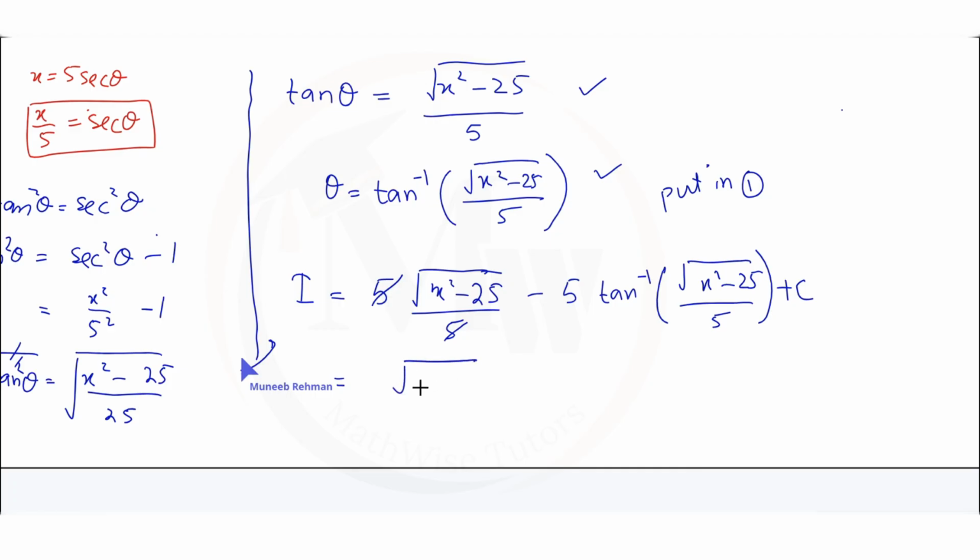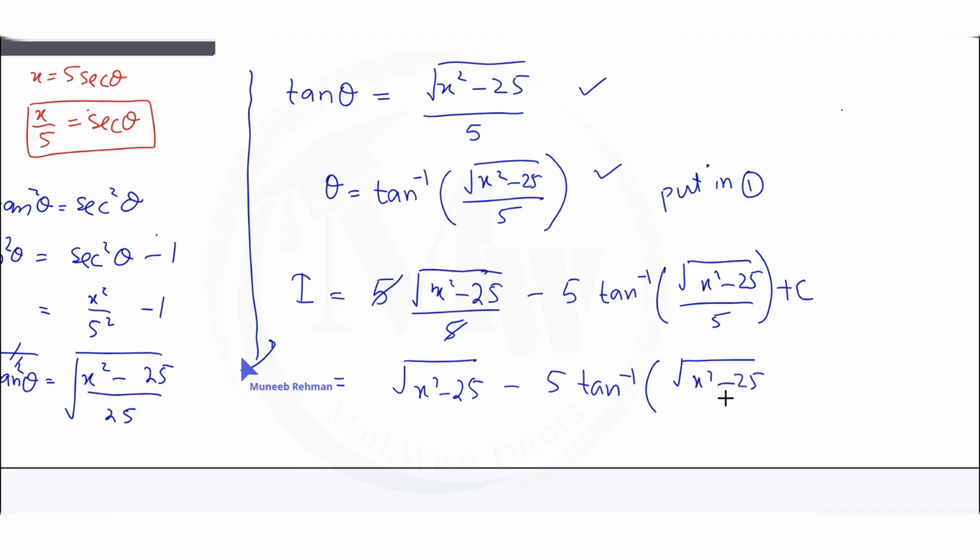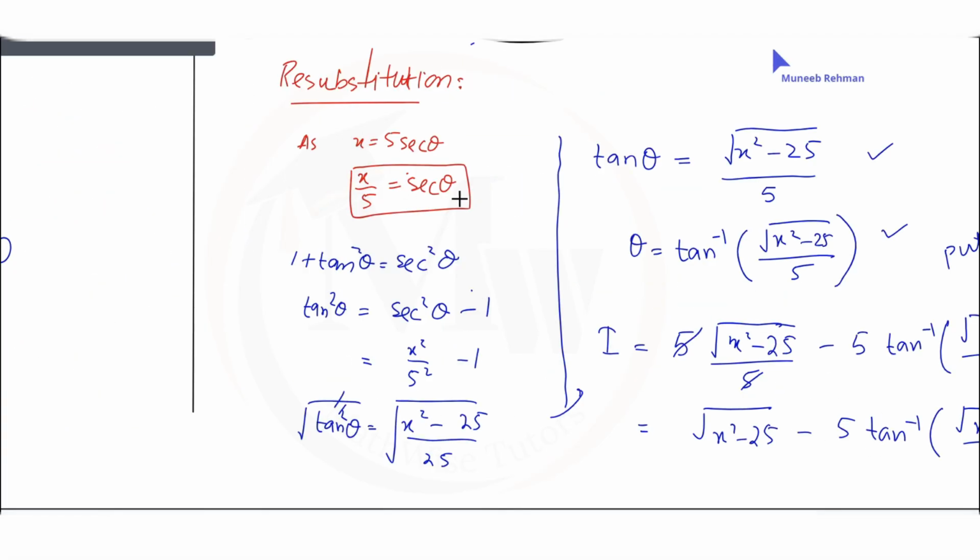So you are left with square root of x square minus 25 minus 5 tan inverse of square root of x square minus 25 over 5 plus c. This is the answer. If you find theta from this term, you can also find theta from this, because x over 5 is secant theta. So if you take secant on the other side, it can also become secant inverse of x over 5.